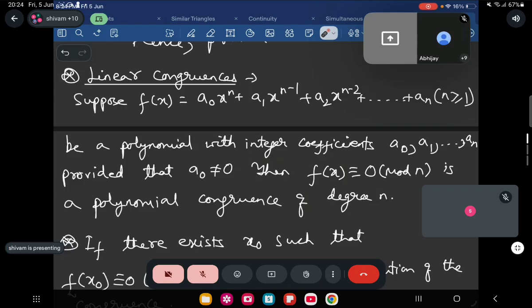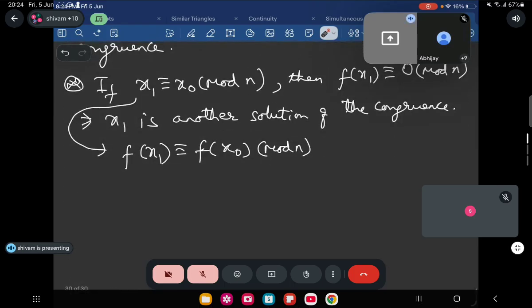Next, everyone, let us continue. f of x1 is congruent to f of x0 mod n. So similarly, you can find infinitely many solutions for a congruence.